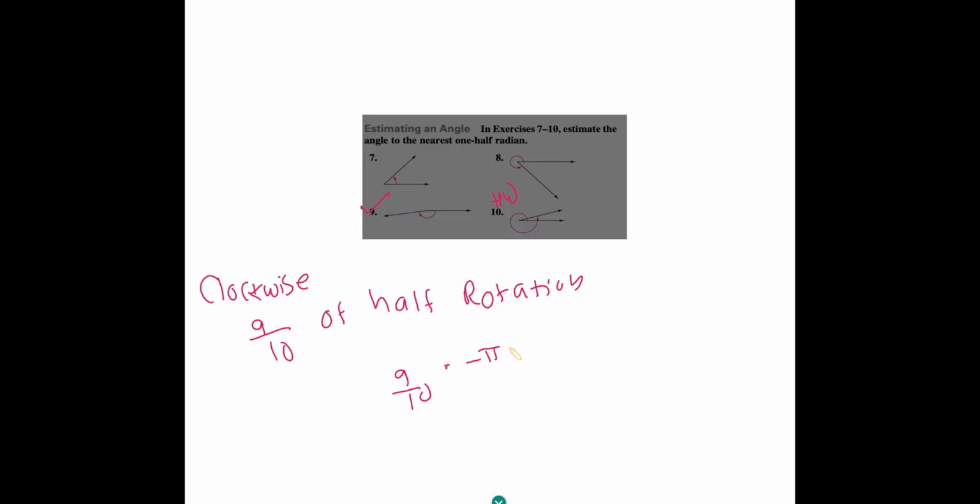Here the angle is clockwise, approximately 9 or 10 of a half rotation. Hence 9 over 10 times negative pi, which is negative 9 pi over 10, which is approximately negative 3 radians. Okay.